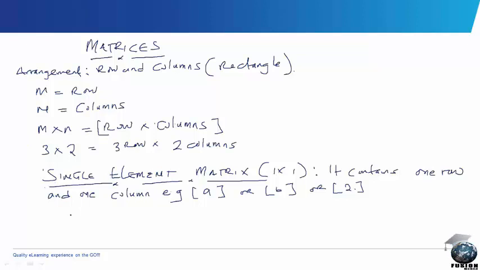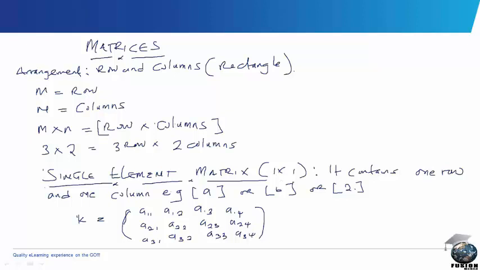A matrix most times is given, assuming I have matrix K to be equal to elements as follows. The numbers you see as the subscripts there denote the row and the column, just like you have in A11.